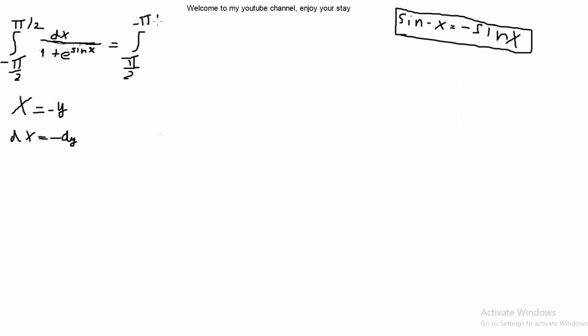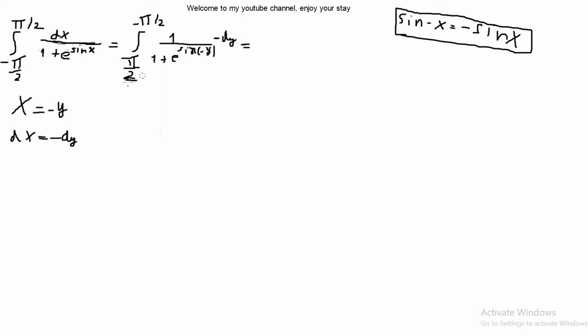We get minus pi over 2 here. 1 over 1 plus e to the sine of negative y, dy, minus dy. We will use this minus to flip the boundaries.